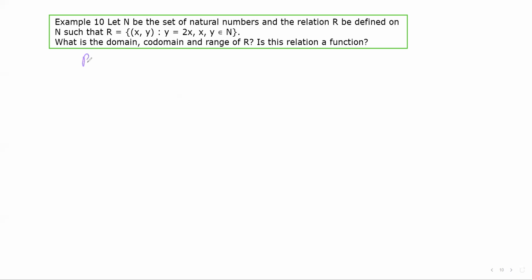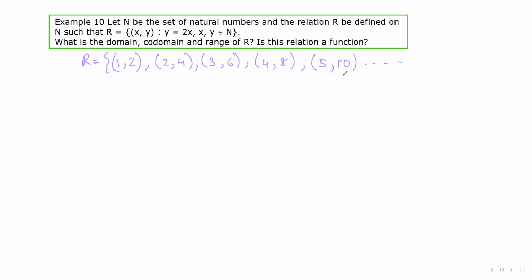R is equal to, with natural numbers, the x value can be 1. It starts with 1. When x is equal to 1, y is equal to 2. When x is equal to 2, y is equal to 4. x is equal to 3, y is equal to 6. x is equal to 4, y is equal to 8. x is equal to 5, y is equal to 10, and so on.